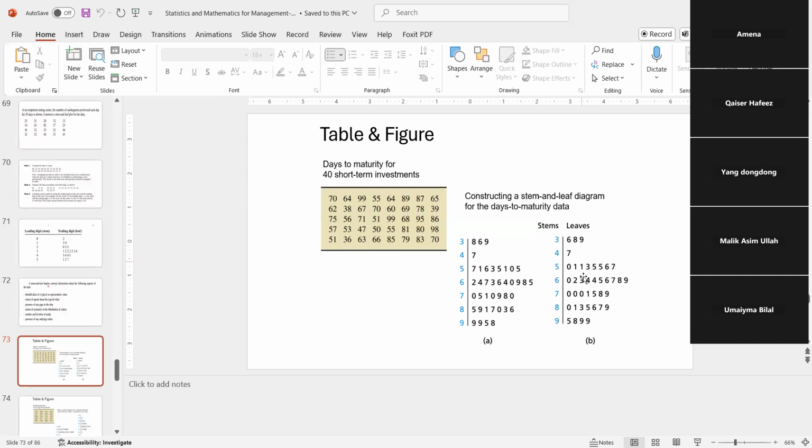So it is not exactly very symmetric data, as the right tail is not similar to the left tail. So we cannot conclude that this is a symmetric data set.